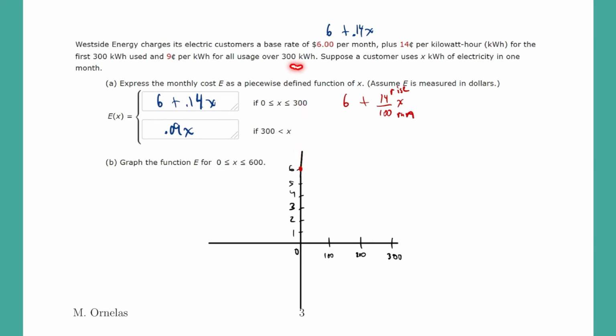That'll take you to 20. And then you're going to go over 100. So 14, that's why I mentioned it's a little hard to graph here because of the scaling. But let's say 20 was up here. That means you're going to go up 14. 14 plus 6 is 20. Then you're going to go over 100, and that's where your point would be.